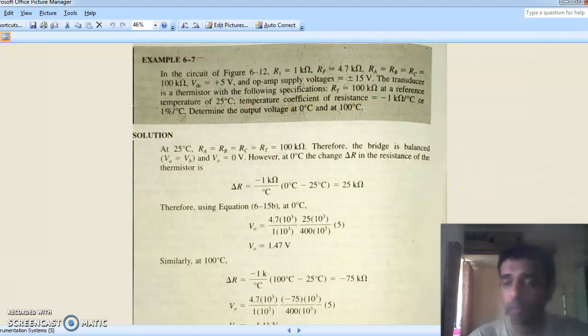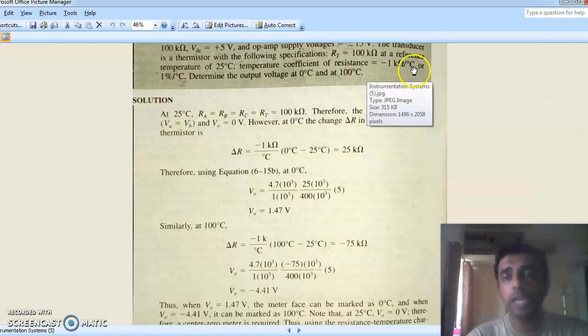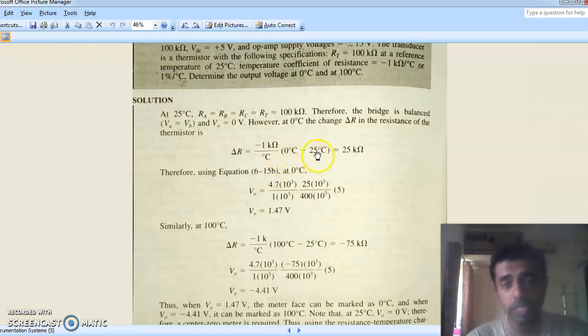What we have to first find is the change in resistance. This delta C indicates the change in temperature. The reference condition is 25 degrees Celsius, and for 0 degrees Celsius my change in temperature is 0 minus 25 degrees Celsius.